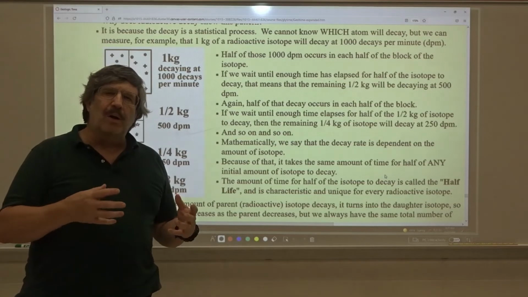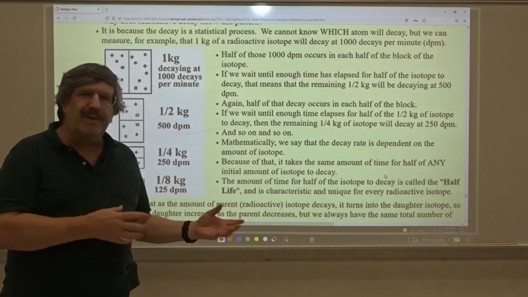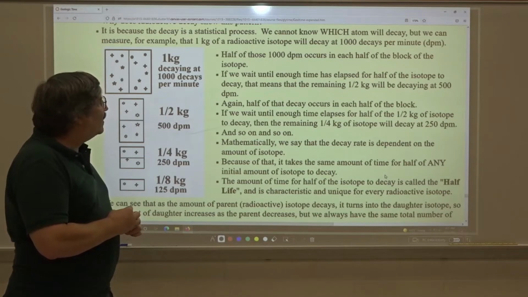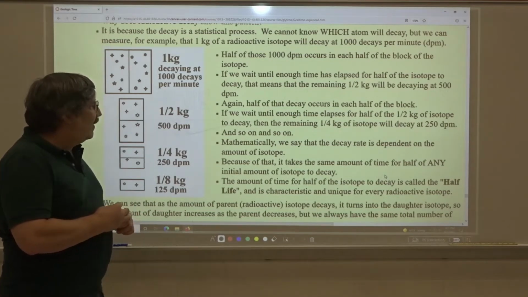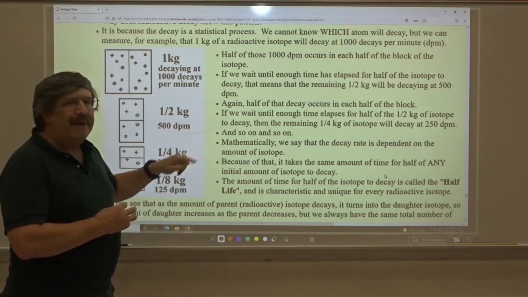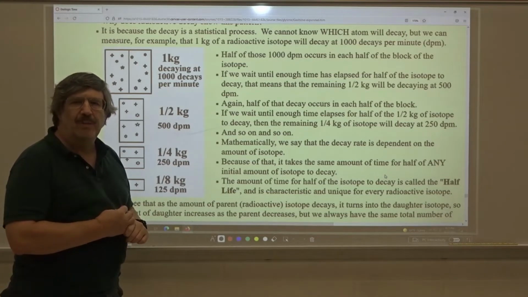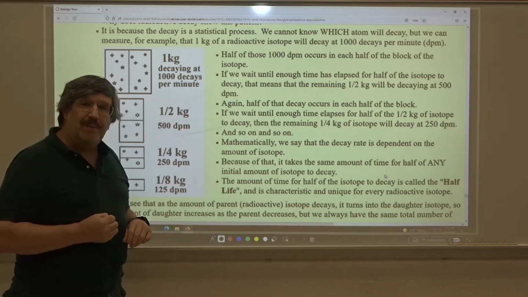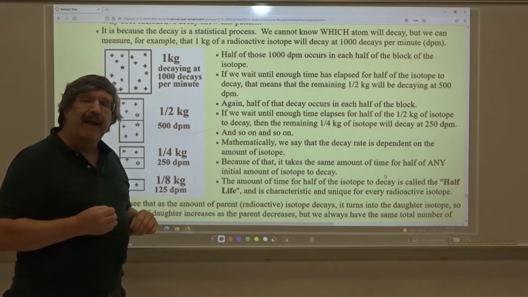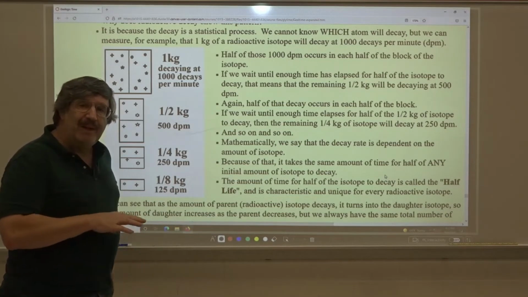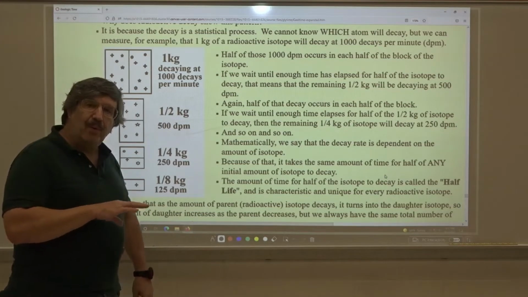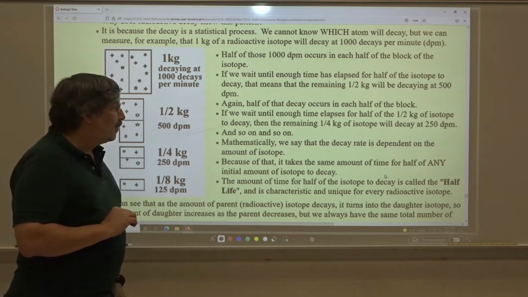And the overall result of this kind of process is something that in mathematics says that the decay rate is dependent on the amount of isotope. The more atoms you have, the faster overall it's going to be decaying. As the number of atoms decreases, the rate of decay will decrease proportional to the amount that you have.